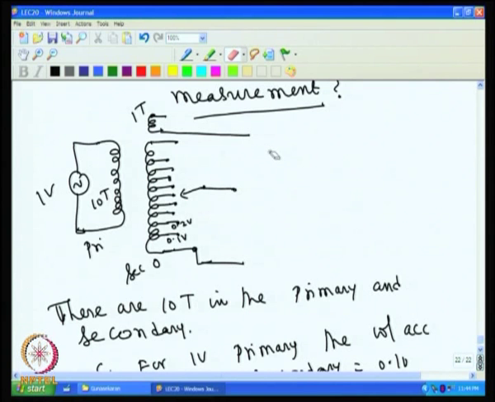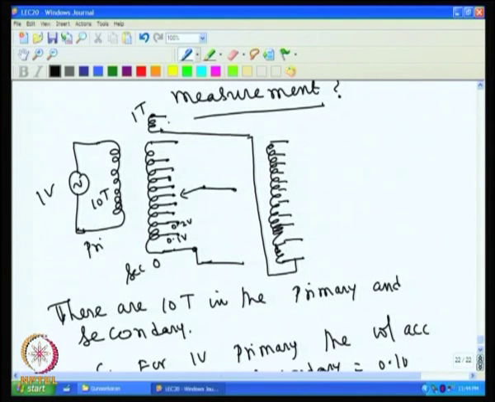So, you wind one more set of ten turns here. So, you have 3, 4, 5, 6, 7, 8, 9 and 10. So, you can have another ten turns, and this can be connected to energize with this 0.1 volt.